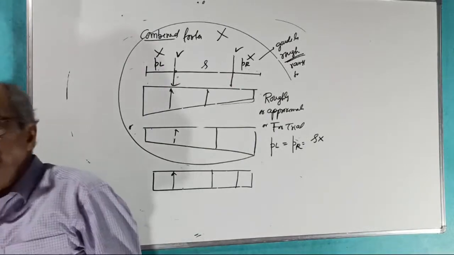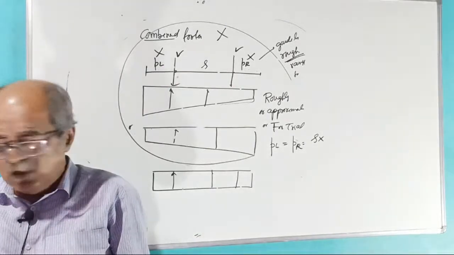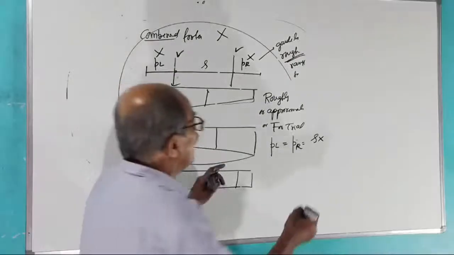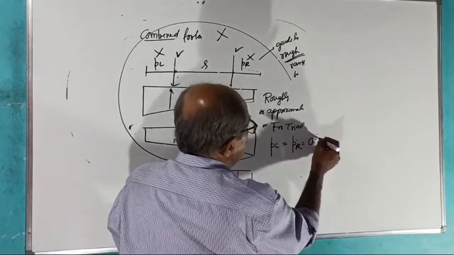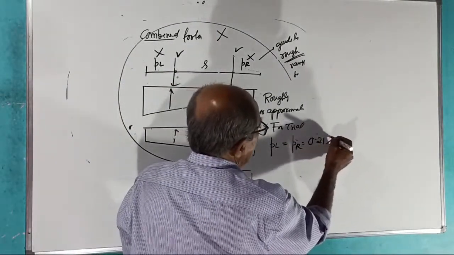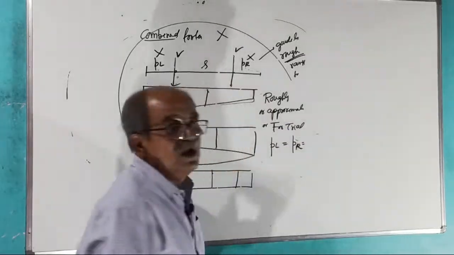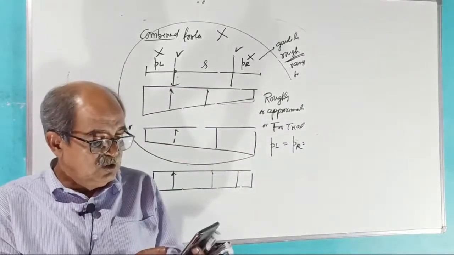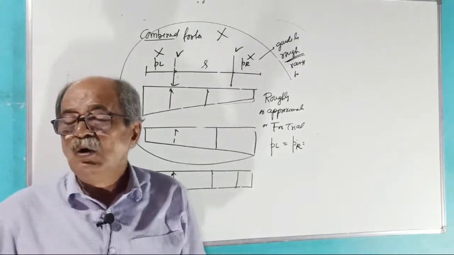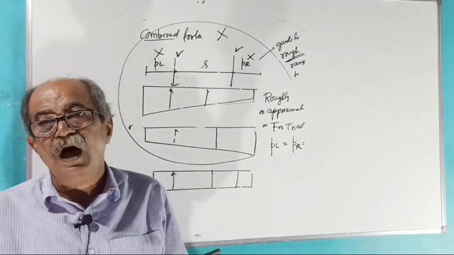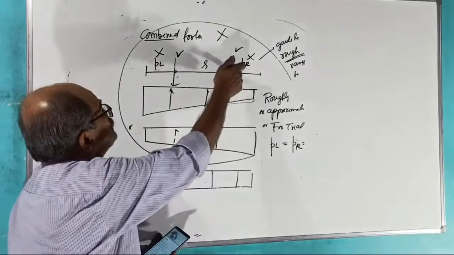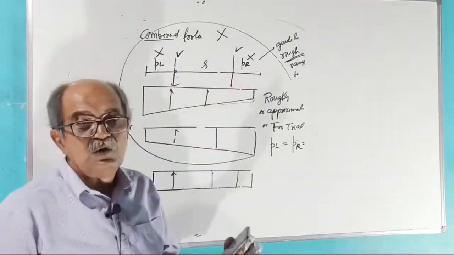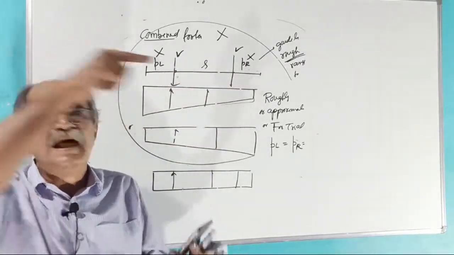Tell the answer. PL you can take equal to PR equal to 0.21 L, or you can take 21% of what? This much I explained. 21%. Did you forget so soon? I am linking that with the small l. 21% is for the complete length.